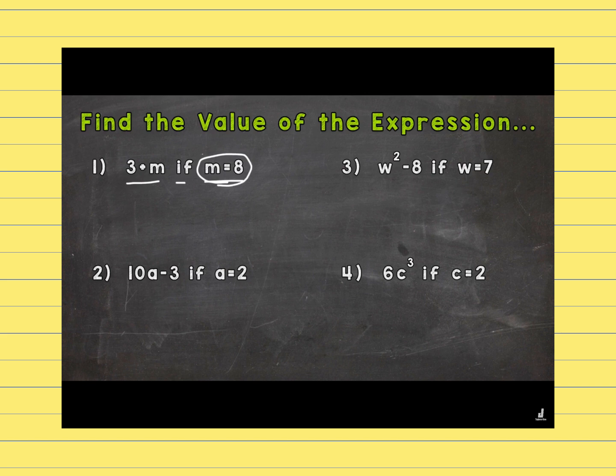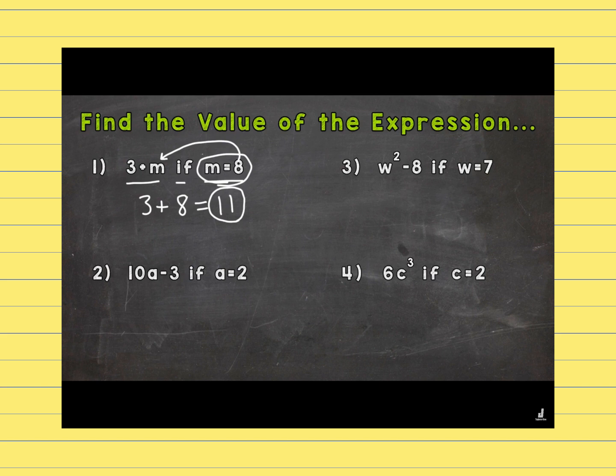M equals 8. So in order to solve, we need to plug that 8 in for the m. So we would have 3 plus 8. And now we're able to solve, and that will give us the value of the expression. And 3 plus 8 equals 11. So that's our answer to number 1.